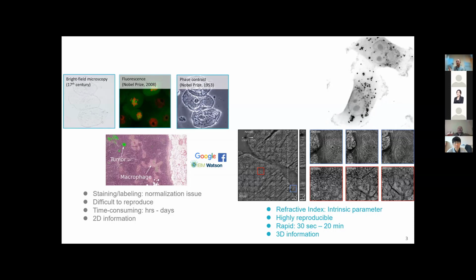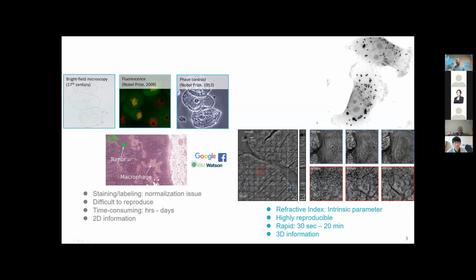And if you use three-dimensional quantitative phase imaging, you can reconstruct the three-dimensional distribution of this refractive index information. It can provide morphological information about individual cells as well as subcellular organelles. And at the same time, you can retrieve quantitative information about protein concentration. So now you have both morphological information as well as biophysical information.